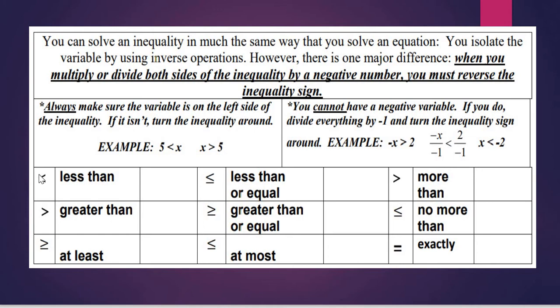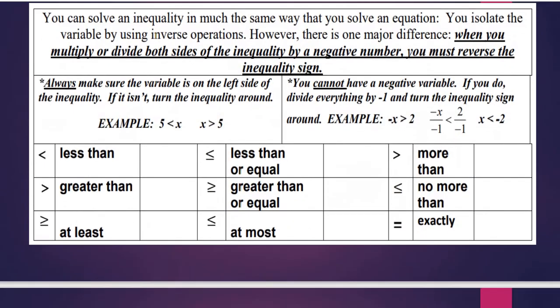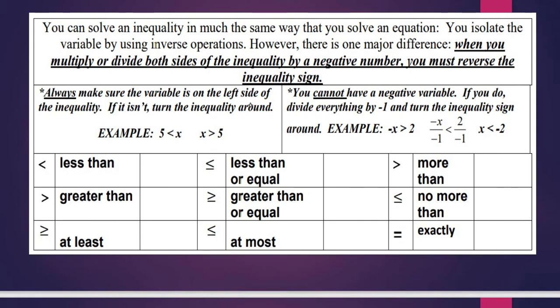Now, look at these right here. In order to read these, you read them from left to right. So I come over here from the left-hand side and I see I have a little point. That means less than. So I write less than.